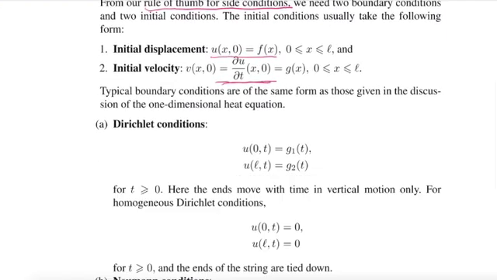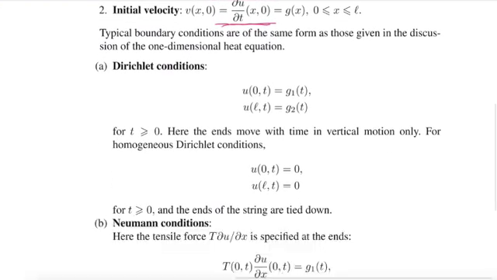Now for the boundary conditions, we have again the typical choices which we discussed already. For example, Dirichlet conditions. In the Dirichlet case, the string would be given some movement, or it would be given no movement, so this would be fixed ends. This is exactly what happens for the guitar, right? The string is just fixed at the end.